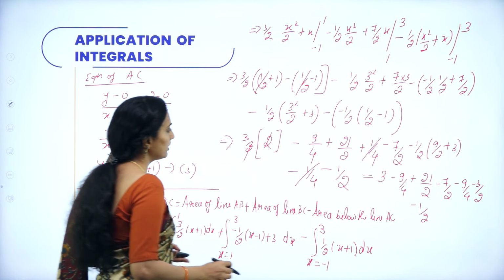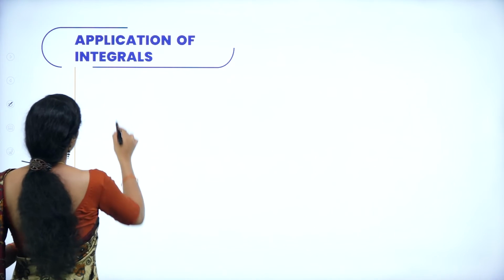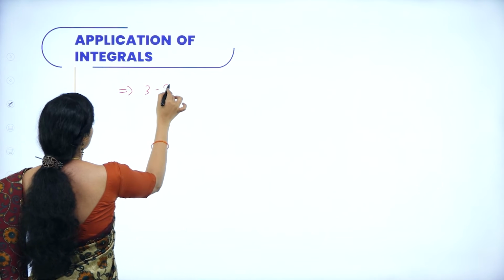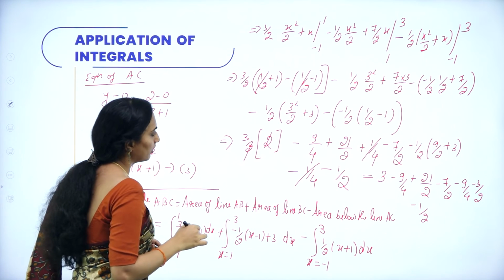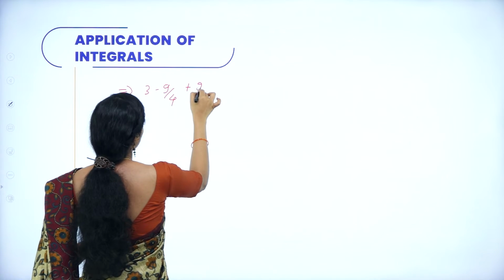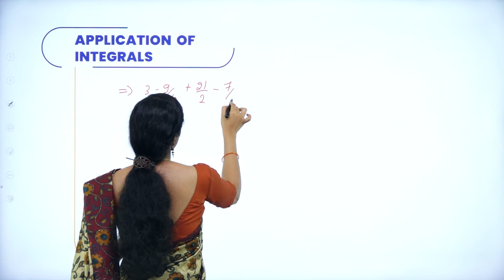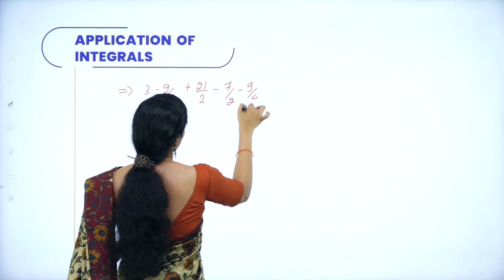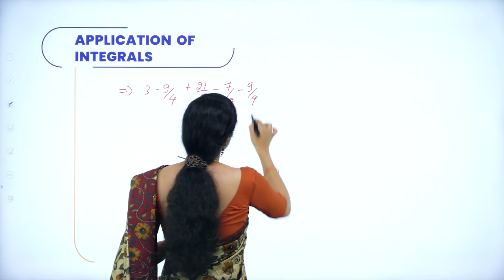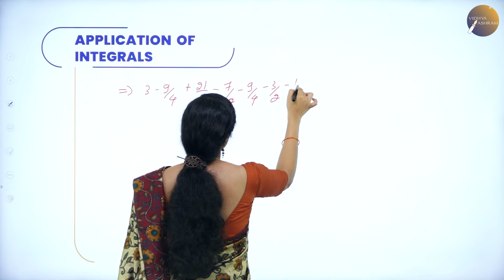Now let us take the LCM here. Let me write it as it is. 3 minus 9 by 4, again plus 21 by 2, again minus 7 by 2, minus 9 by 4, minus 3 by 2, minus 1 by 2.